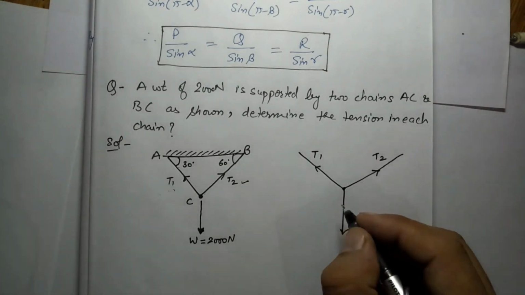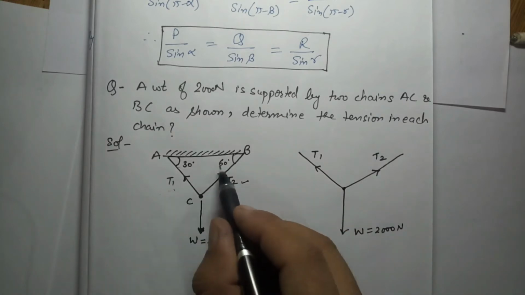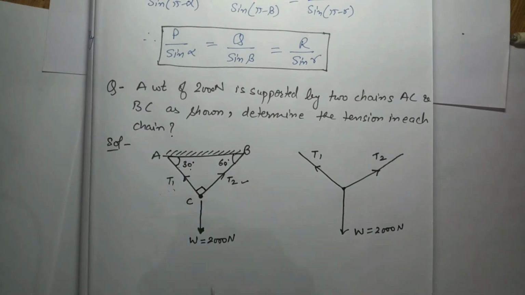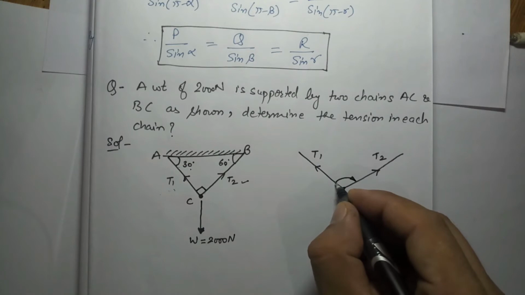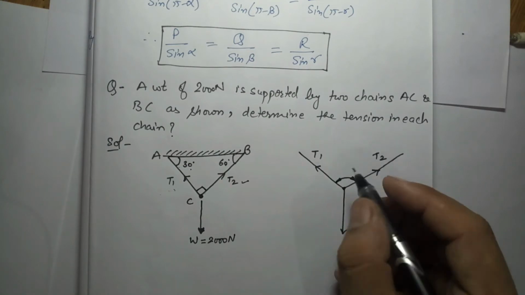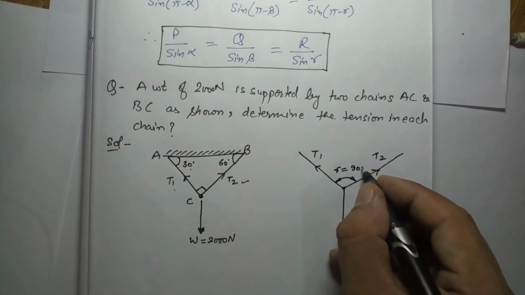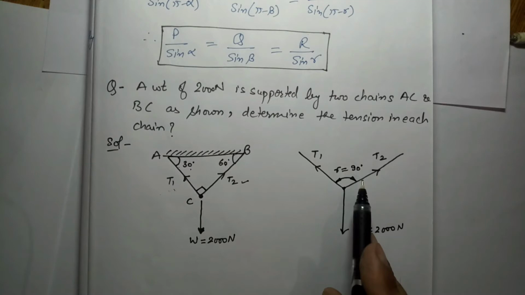Now the angle between these: if this is 30 and this is 60, 60 plus 30 is 90, so this angle will also be 90. So the angle between these two tensions, let's call it gamma just to represent it in Lami's theorem, is gamma equal to 90.